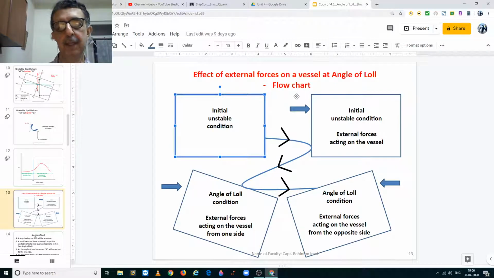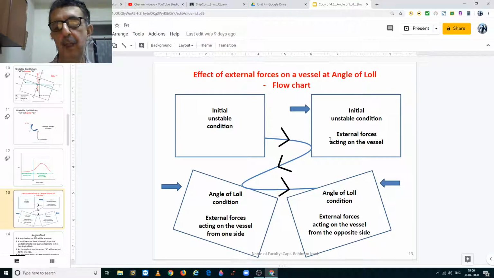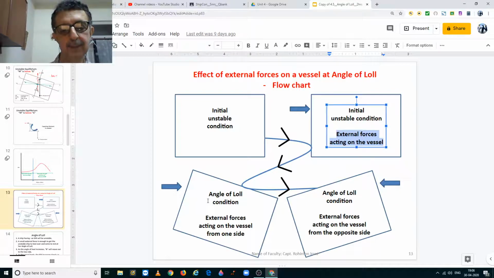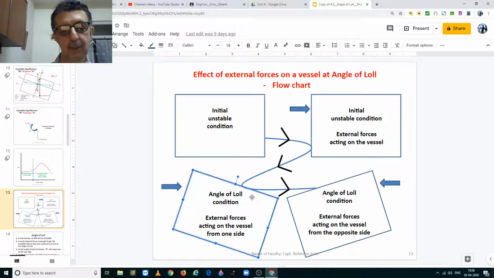Should there be even a minute external force, as indicated by this arrow, the ship will go into an angle of Loll condition. She is acted upon by external forces. So from here we move here, and from here we move to this point. She goes into an angle of Loll condition.